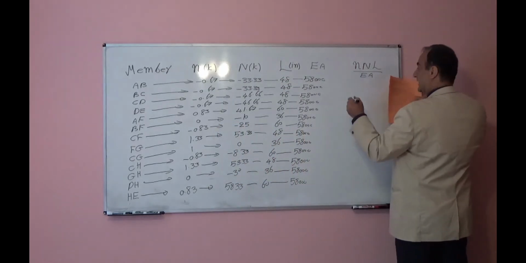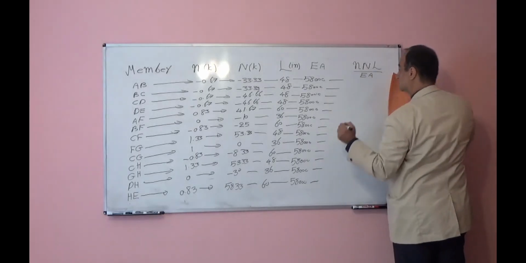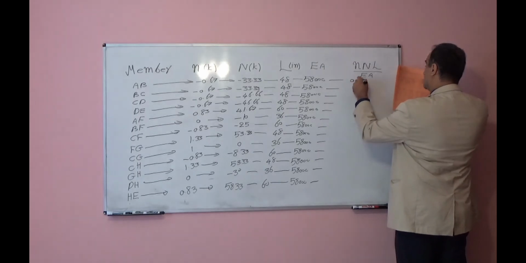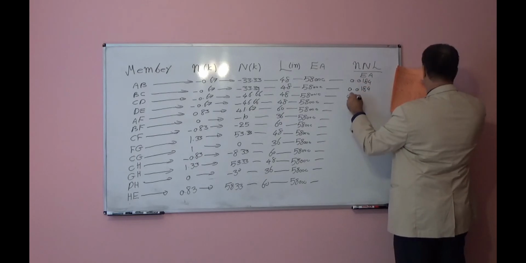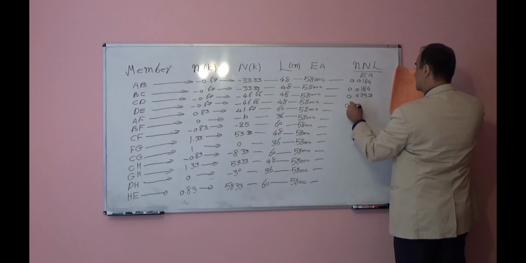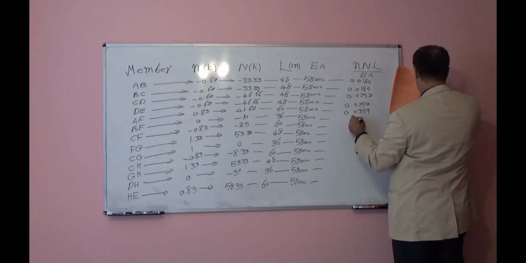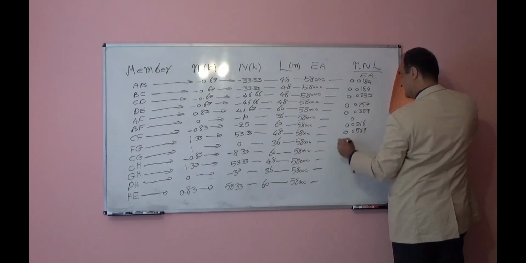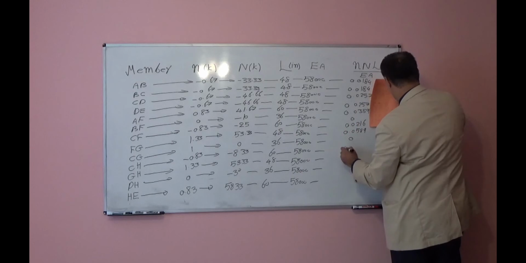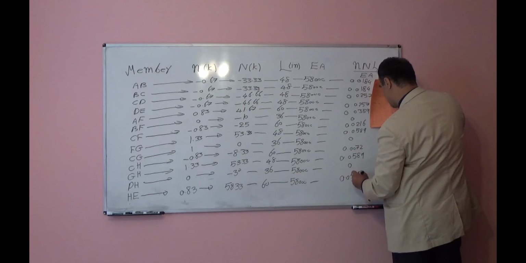So you will find these numbers: 0.0184, 0.0184, 0.0257, 0.0257, 0.0359, 0, 0.0216, 0.0589, 0, 0.0072, 0.0589, 0, 0.0503.